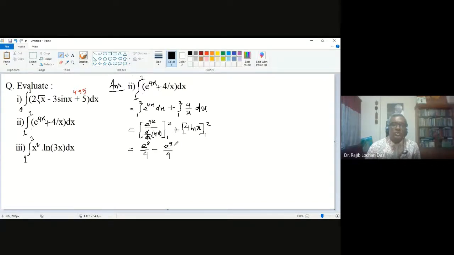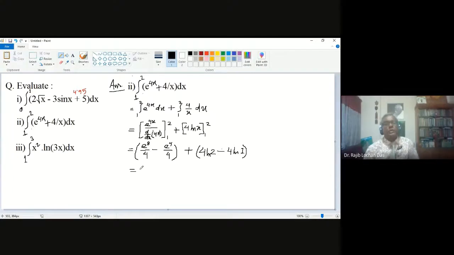This is the first calculation. The second calculation is 4 into ln 2, minus 4 into ln 1. These are the 1 and 2 values of x. So you do the calculation now.